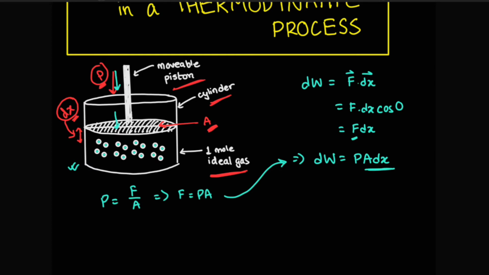A times dx represents the change in volume from bringing this movable piston from this to this along dx, which is dV. So we have that dW is equal to P dV.